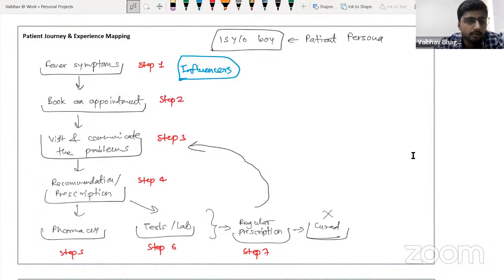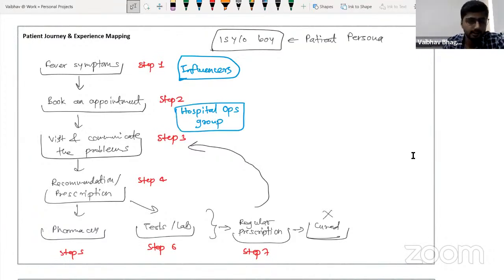After that, once he has to book an appointment, he has to call the clinic. Then at the clinic or the hospital, there will be some hospital operational team who will take care of the booking and all. So here comes the hospital's operational group.